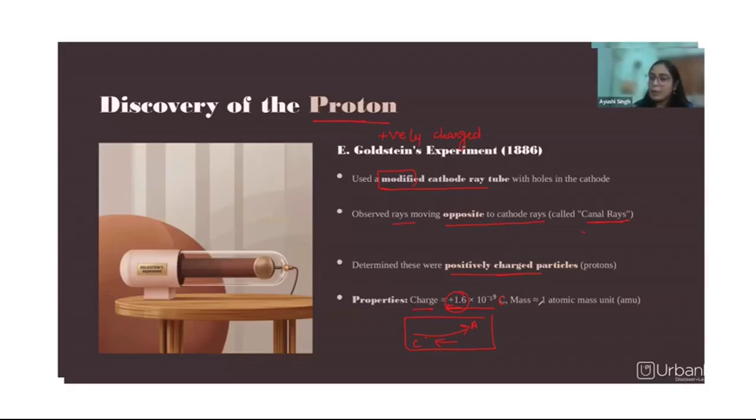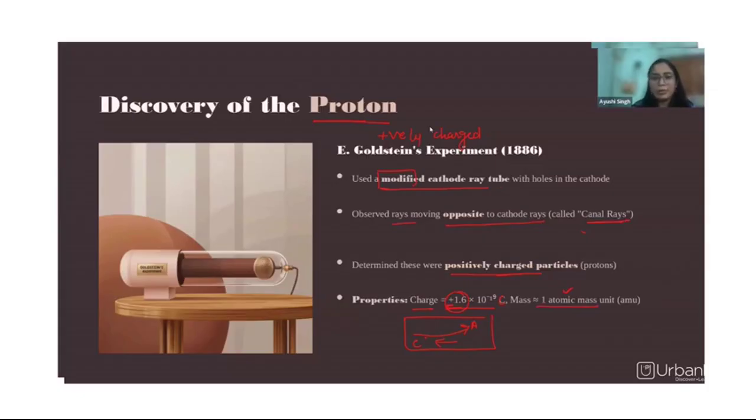Now, the mass is 1 AMU, that is one atomic mass unit. So, this is all about proton. And they are also counted in counting the mass of an atom. So this we have already discussed.